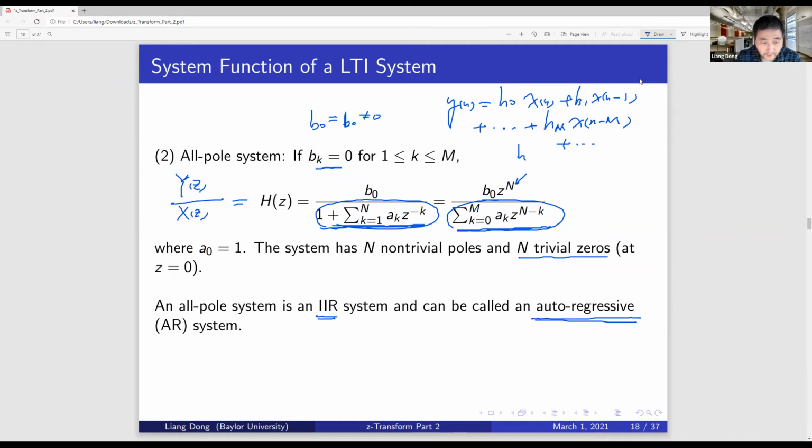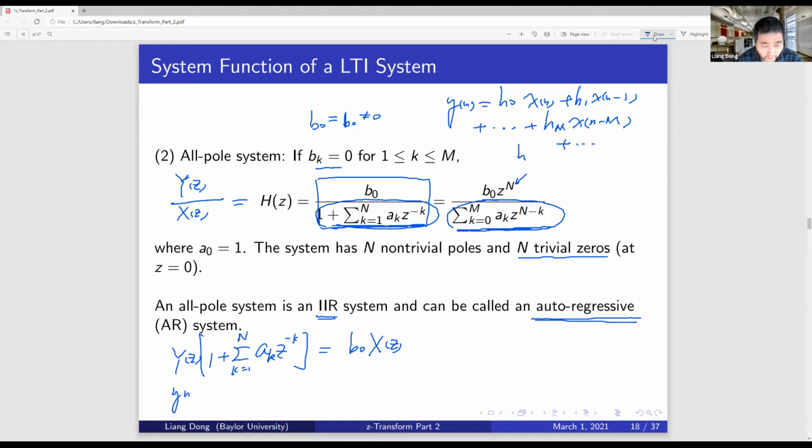What we have in the system is Y(z) times 1 plus the sum from k equals 1 to n of a_k z to the power negative k, equals b0 times X(z). It's very simple on the x part. So we take an inverse z transform. In this case, it's quite simple because we don't have a denominator, it's just this polynomial term.